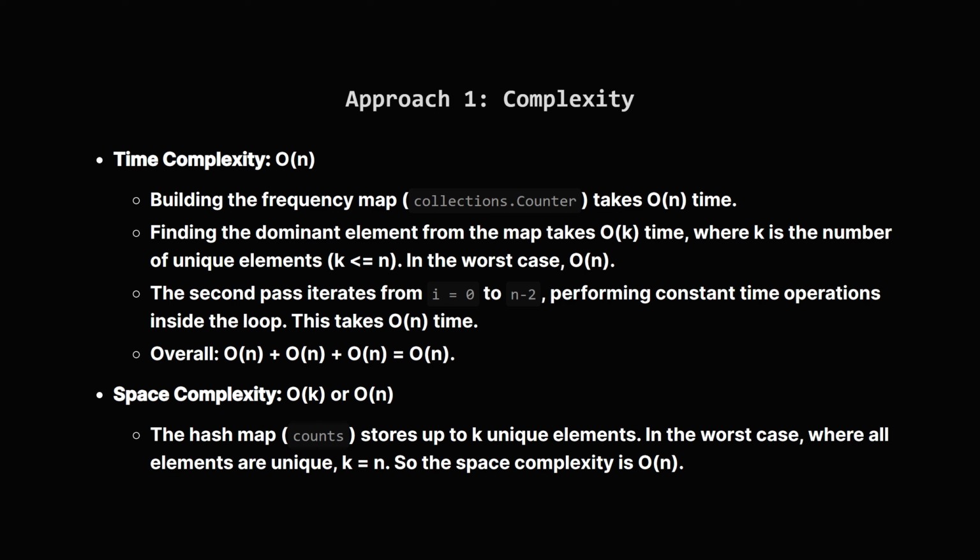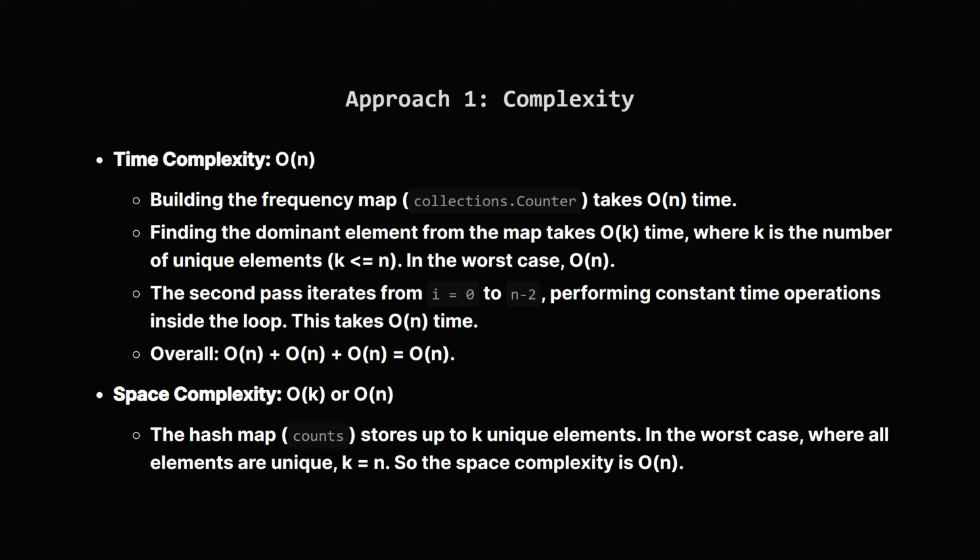The second main loop iterates from i equals 0 to n-2. Inside the loop, we perform a constant number of operations: an increment, a subtraction, 2 multiplications, 2 comparisons, and a potential return. So, this loop takes O(n) time. Adding these up, O(n) plus O(n) gives an overall time complexity of O(n).